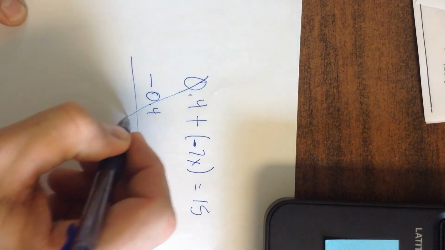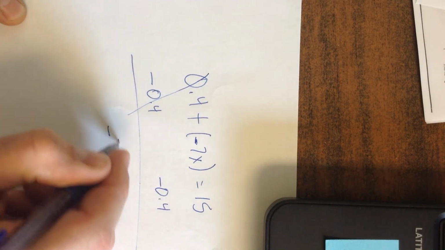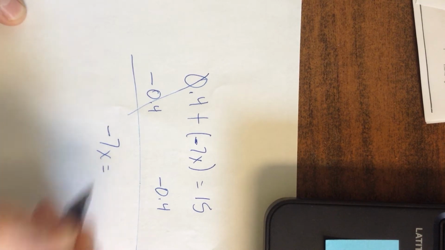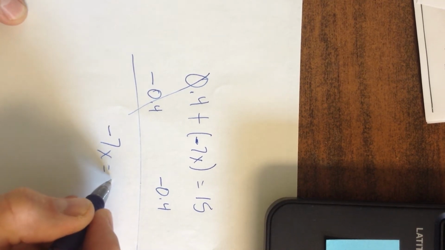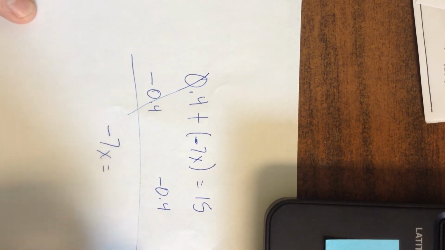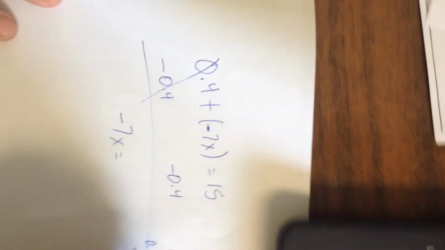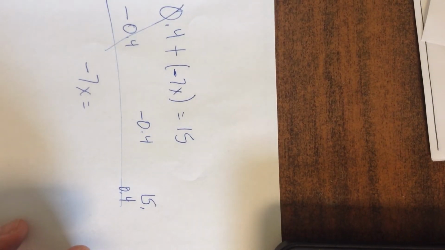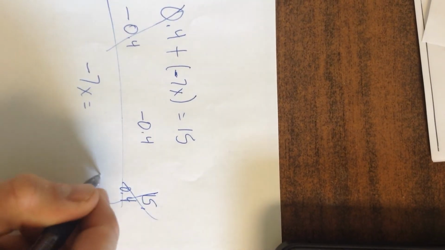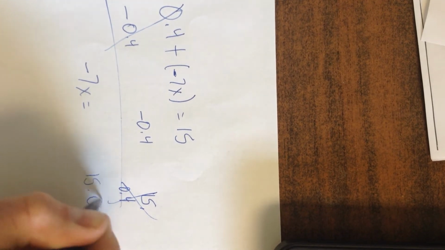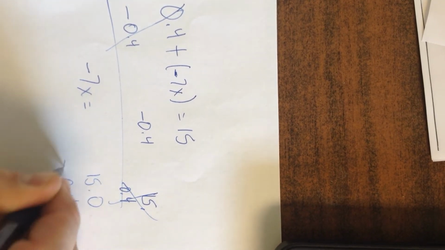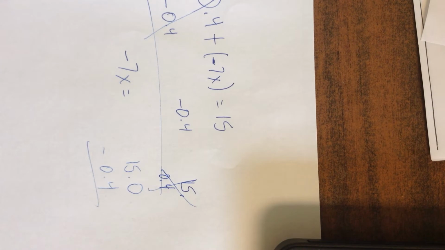Alright, this goes away basically, and I'm left with negative 7x, and that's going to be equal to, how do I subtract this? Do I do it like that? No. What about that right there?